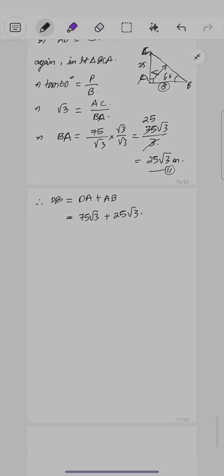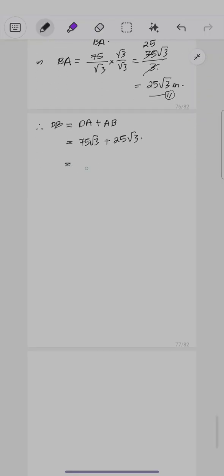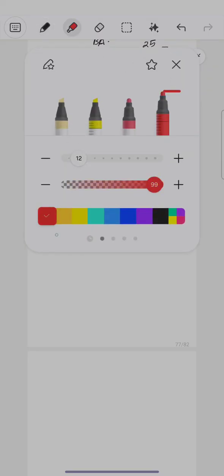Taking root 3 common, root 3 into 75 plus 25, this will be 100 root 3 meter. The distance between the two men will be 100 root 3.